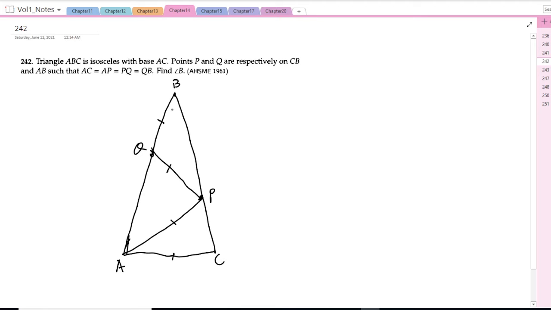So we want to find B. Let's see, B is X. So this is the X.